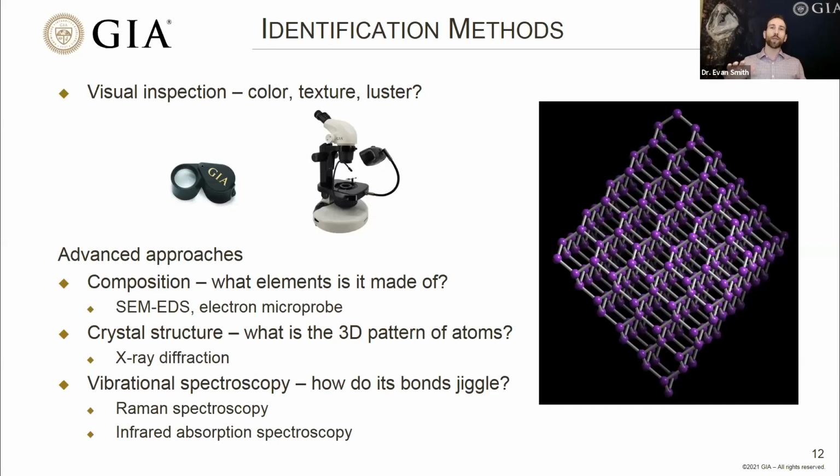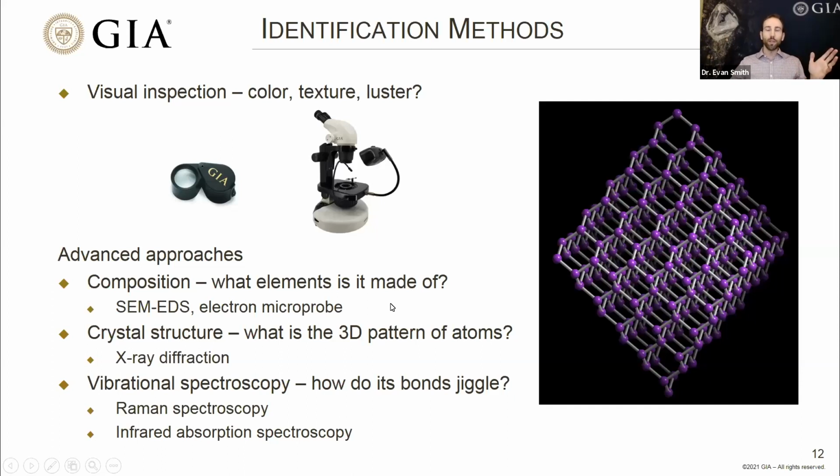So by learning something about how these bonds vibrate, we can say something about the identity of this mineral. The two main techniques people use that rely on vibrational spectroscopy are Raman spectroscopy and infrared absorption spectroscopy. A lot of what I rely on is Raman spectroscopy, and I'll show you some examples of this.